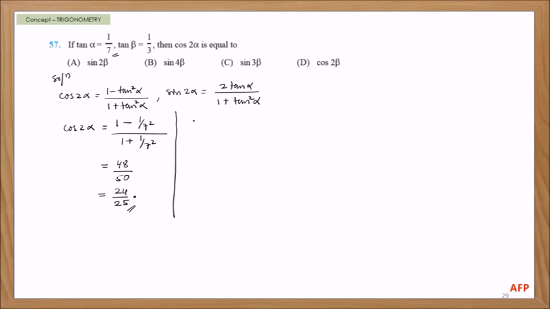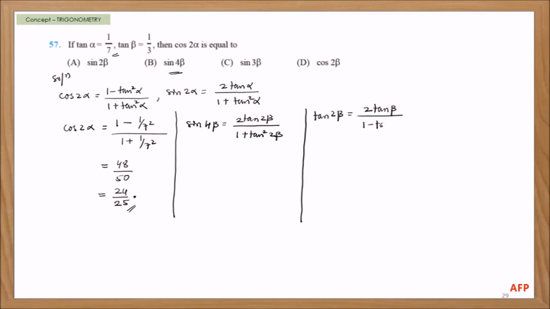Next part, we will write sine 4 beta is equal to 2 times tan 2 beta divided by 1 plus tan square 2 beta. This value we have to calculate. Okay, tan 2 beta is equal to 2 times tan beta divided by 1 minus tan square beta.